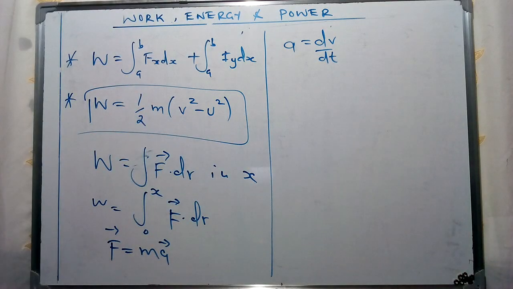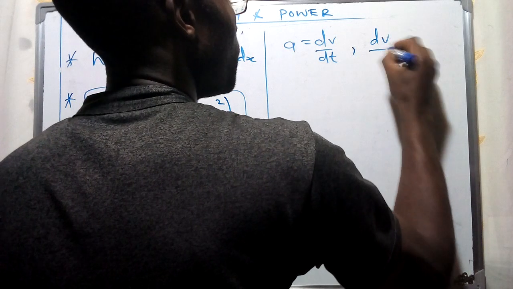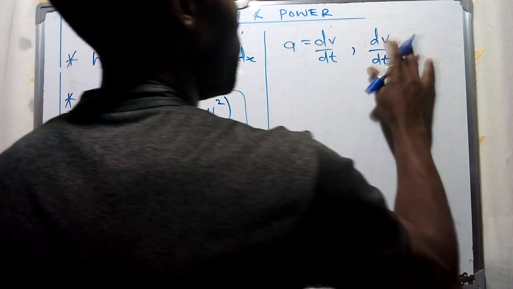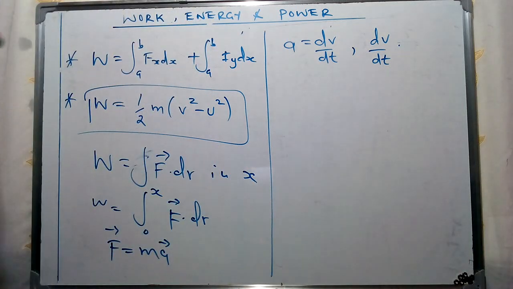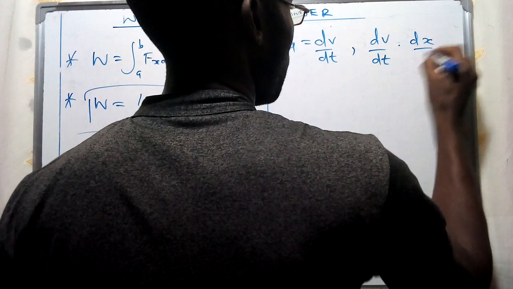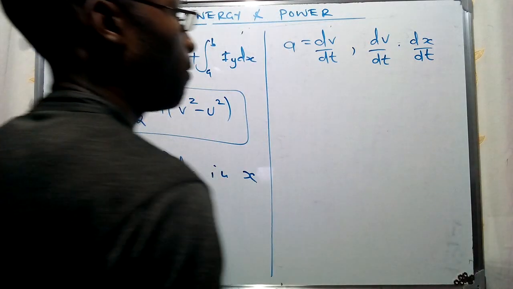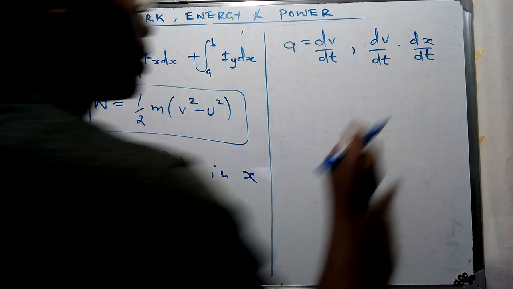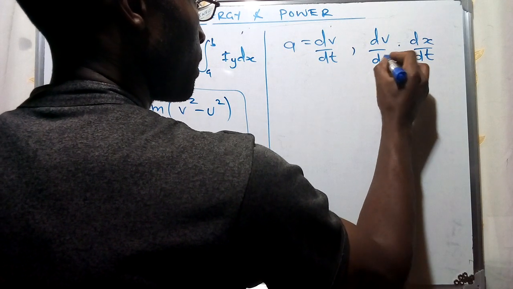Now we can manipulate this specific formula and have a representation of this specific acceleration in terms of dv over dt, multiplied by dx over dx, and we're going to multiply that one with the value of dx over dt. And these are going to have a specific implication for this specific kind of evaluation. So in this case, we're going to have this one in terms of dx.